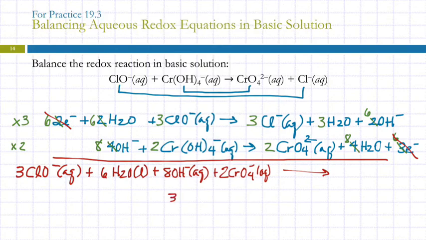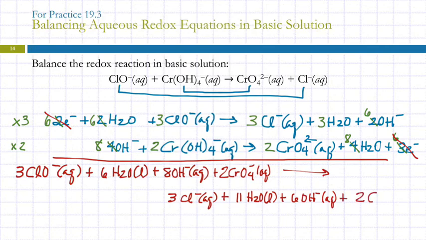I've got 3 chlorides, and here I've got 3 H2O, and down here I have 8. Let's combine those together. It's 11 water molecules, and there's 6 hydroxides, and 2 chromates. Okay with that? You got to copy stuff down carefully.